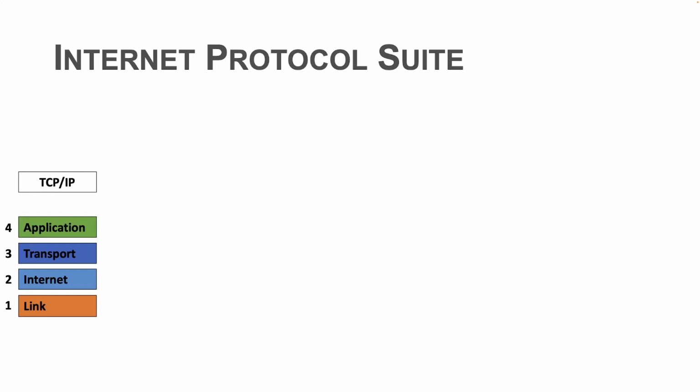It consists of 4 layers: application, transport, internet, and link layer. And it is numbered from the bottom up, but the direction depends on if the device is transmitting or receiving a packet.